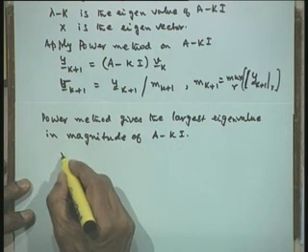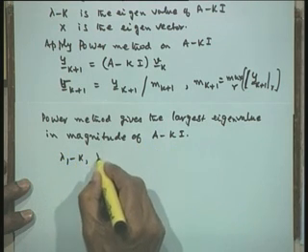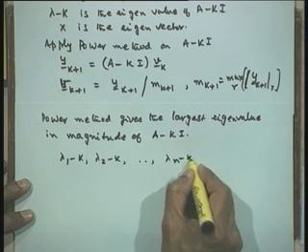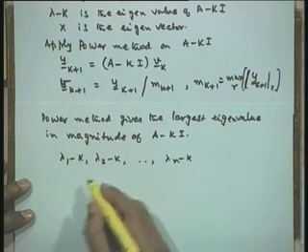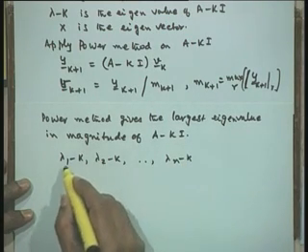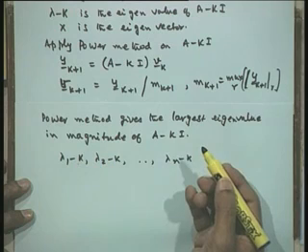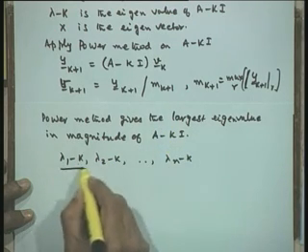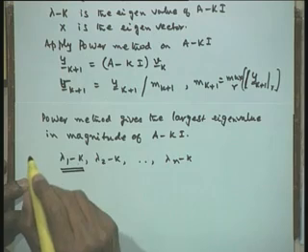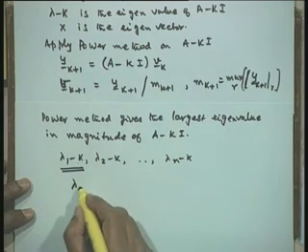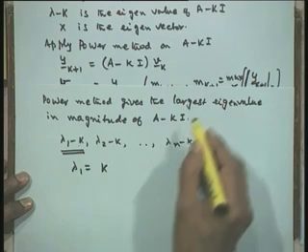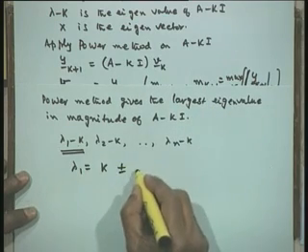The eigenvalues are now lambda 1 minus k, lambda 2 minus k, and so on, lambda n minus k. Therefore, the original eigenvalues are obtained by taking k to the right hand side and adding it to this largest eigenvalue. So, I can find the largest eigenvalue in magnitude of the original matrix as lambda 1 is equal to k plus or minus mu, where mu is the value we have got here.